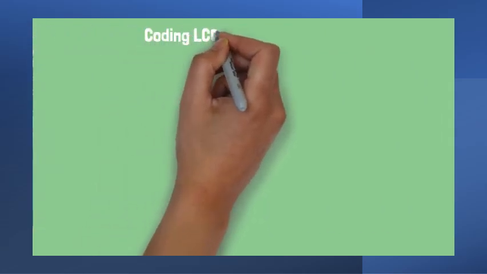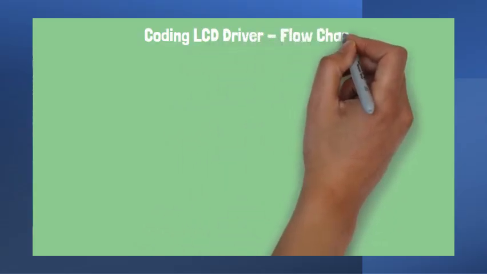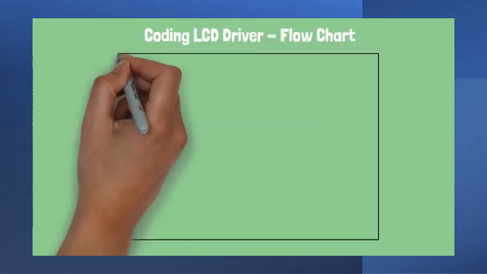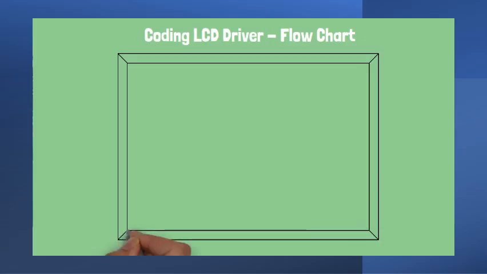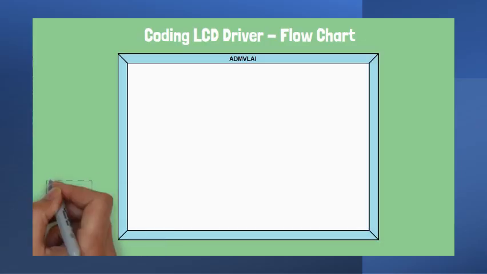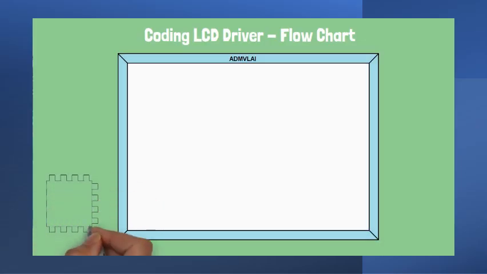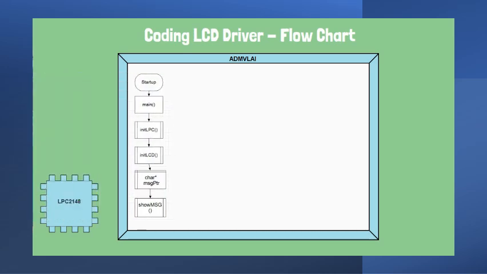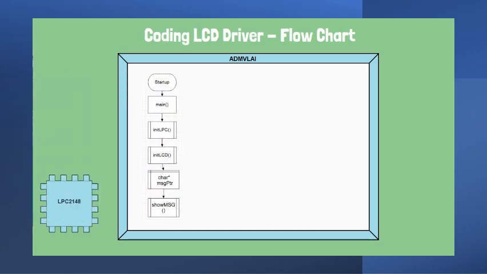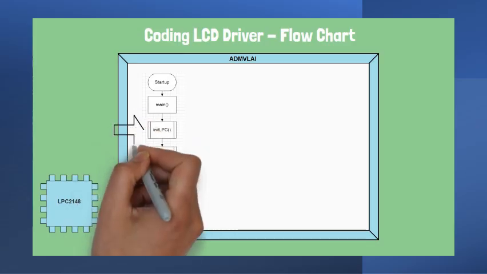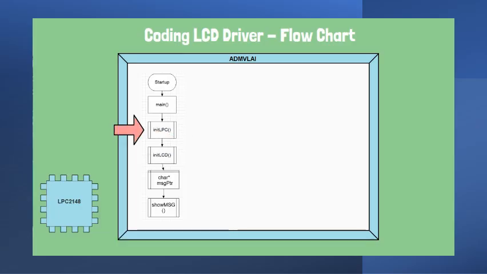Before we actually code, we will use a simple flow chart to visualize the steps required to implement the LCD driver. On reset, the processor program counter R15 is set to 0. The compiler-provided startup code is executed, and the program jumps to the main routine. In the main routine, we need to initialize general purpose I/O, hence the first function call to initialize LPC.